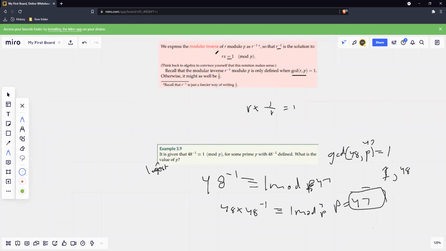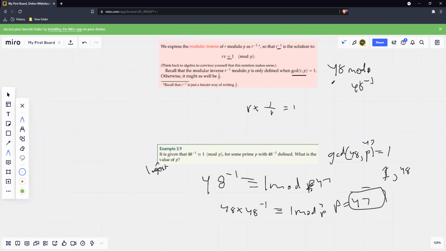Okay, and once again, it's a little bit confusing. So we're saying all this 48, right? The modular inverse of 48 mod p is equal to 48 to the power of -1.